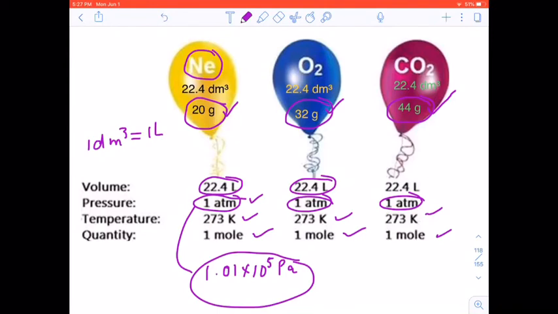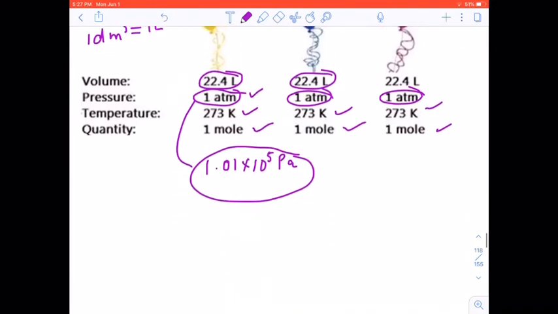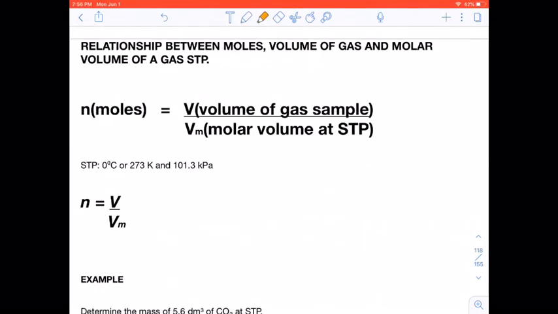Now let's look at the relationship between moles, volume of a gas, and molar volume of a gas at STP. STP stands for standard temperature and pressure, and this is given on your data sheet.